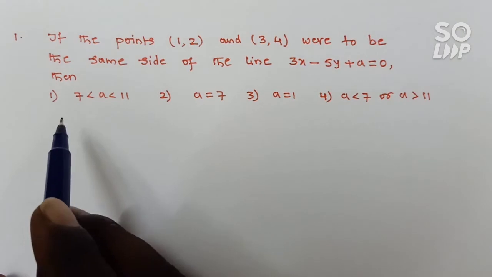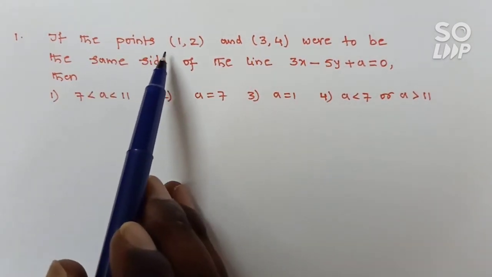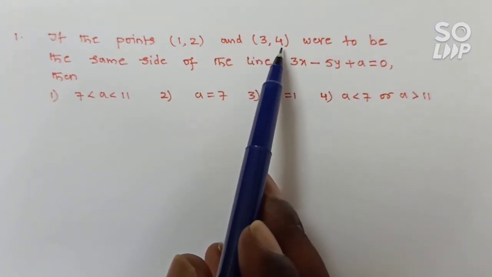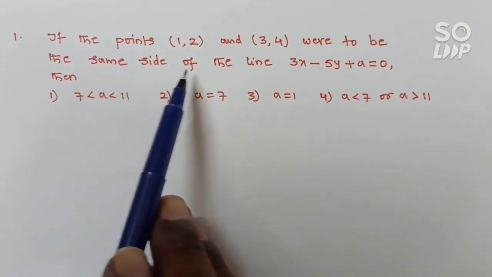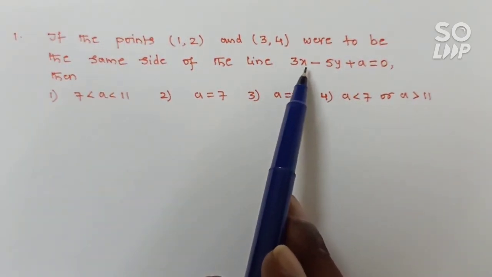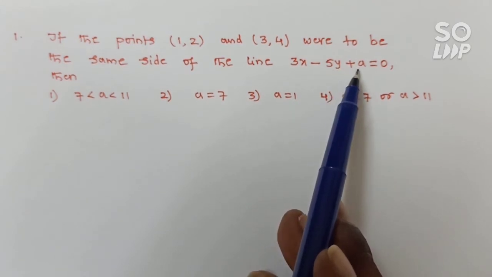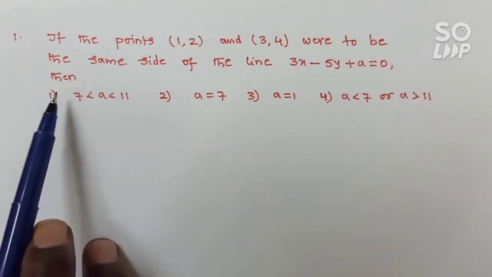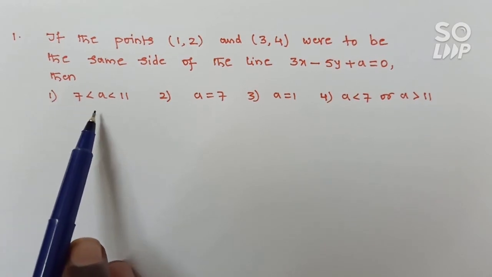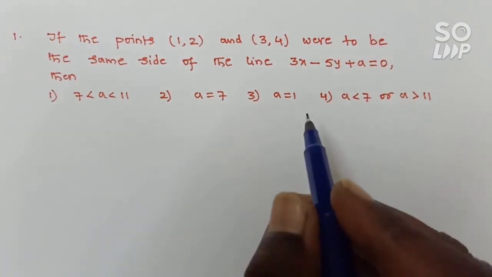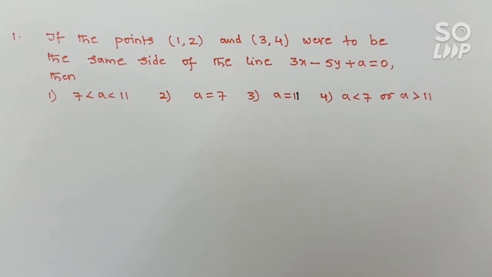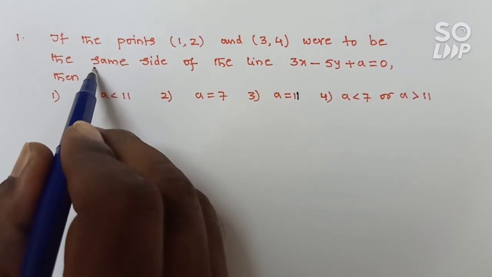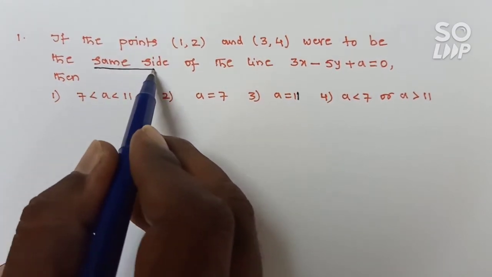Okay, see this question. If the points 1, 2 and 3, 4 are on the same side of the line 3x minus 5y plus a is equal to 0, then which one of the following will be satisfied? Now clearly the points are on the same side.